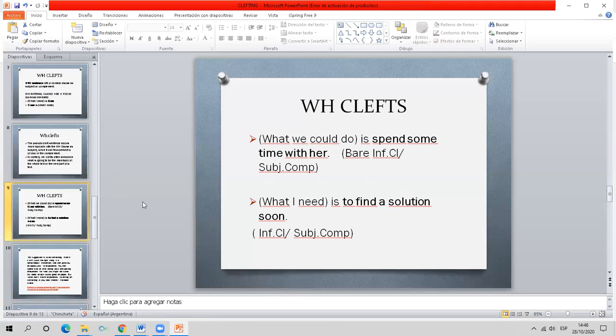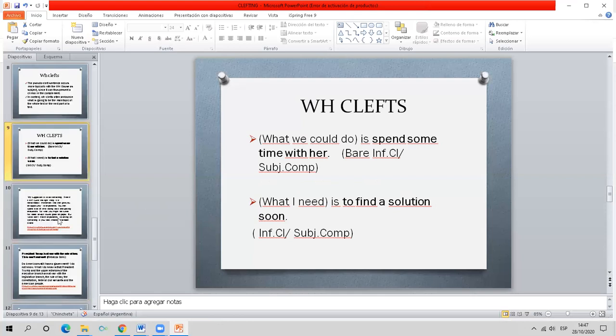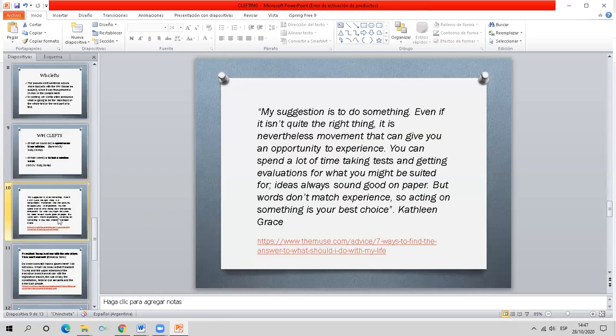All right, so you see that these two structures are then related to the question of focus, particularly contrastive focus. There is usually contrast involved. Okay, let's have a look at some examples in context now.